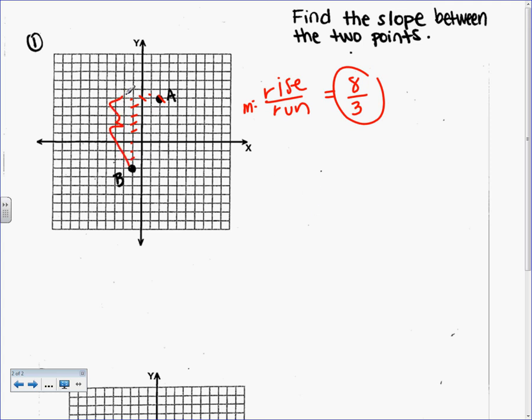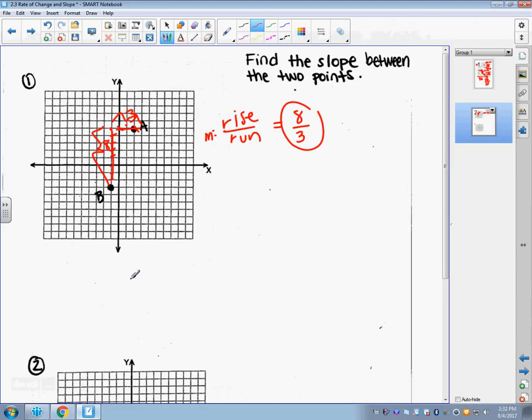Sometimes people do this and this, or they draw themselves a triangle. That's 8, that's 3. Whatever works for you, it's fine. Let's pretend I didn't do that, right? Let me erase this. There's another way you could have done it. Typically one way is fine, but I want to make sure you get it.